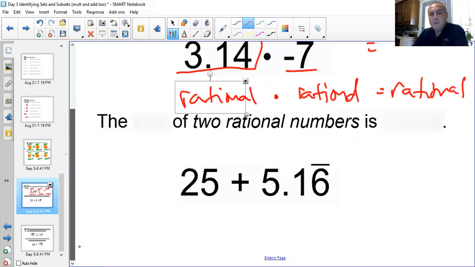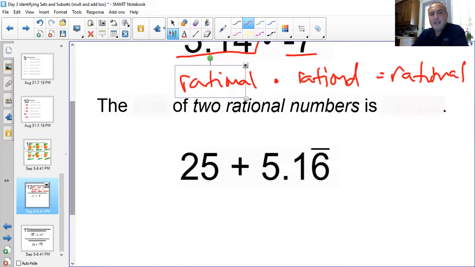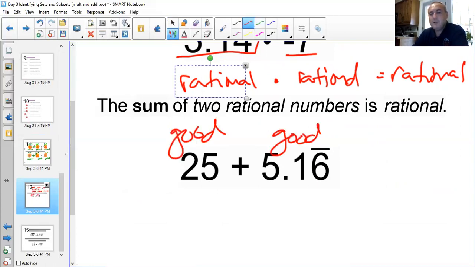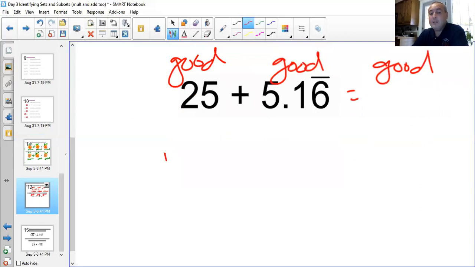All right. We've got another example. This is when the sum of two rational numbers is going to be a rational number. Again, you've got your good orange and your good orange, and that's going to equal a good orange. Now you have to remember that good oranges are rational numbers.